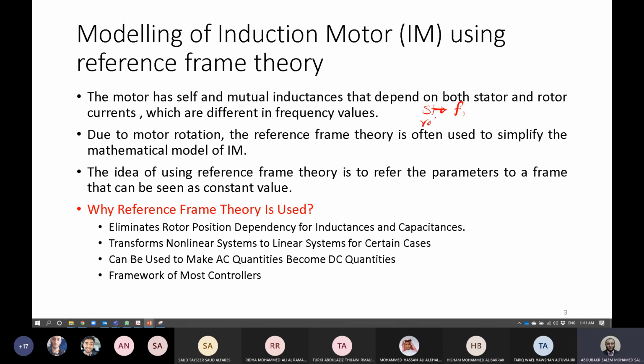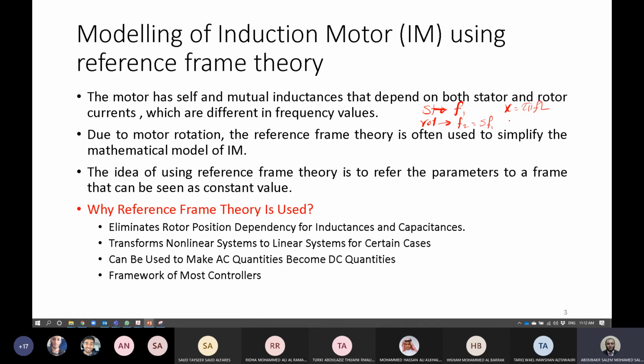But for rotor current, F equals F2, which is S, the slip, multiplied by F1. So the parameters of the machine itself during operation will depend on each frequency. The reactance itself, X equals 2π F multiplied by inductance. So the stator reactance will be a function of F1.